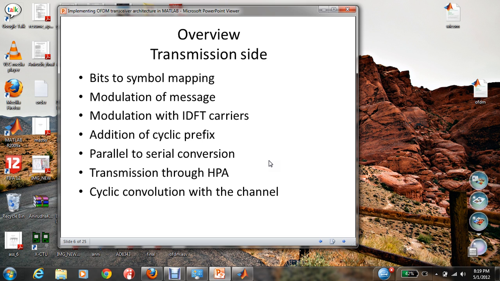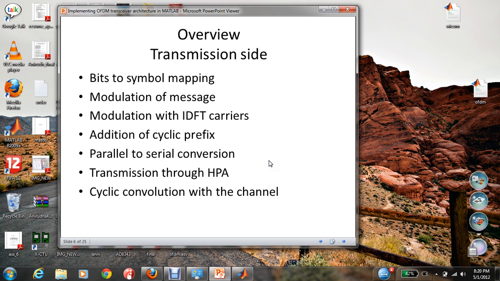One way of avoiding this is by zero padding the last L minus 1 symbols. But this results in a reduced data rate, which is again unnecessary. So what we do is, before transmitting, the last L minus 1 symbols are cut and copy-pasted in the front. This is known as the cyclic prefix.